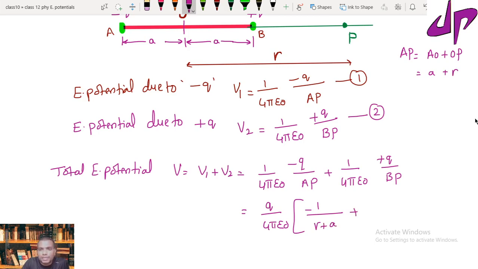And plus, for the second term, 1 upon BP. BP you can get by subtracting OB from OP. Here OP is r and OB is a, so you get r minus a.